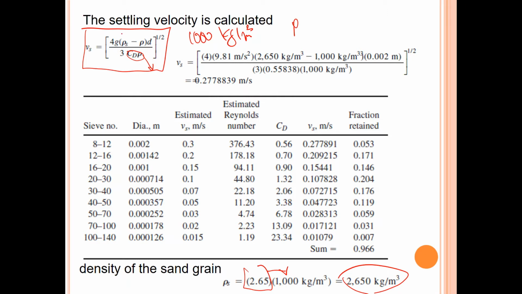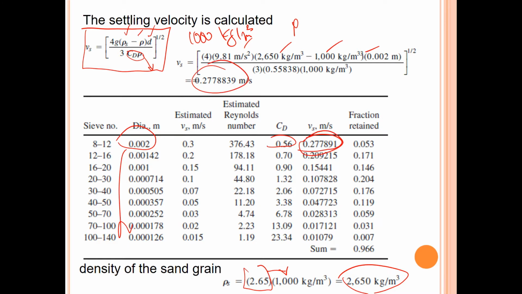So we know these two terms, we know the diameter, we have different diameters here, and the drag coefficient is known also. We put everything here, and we get the estimated settling velocity.